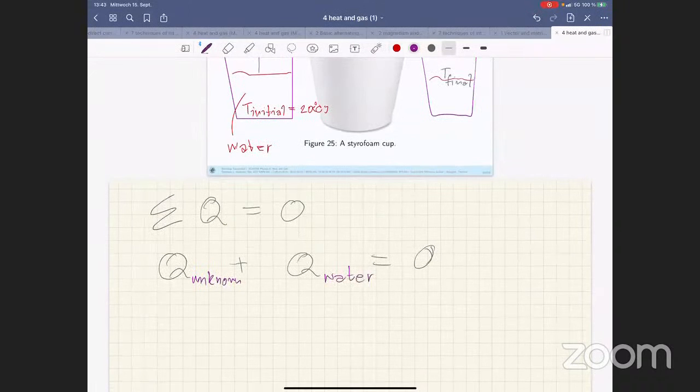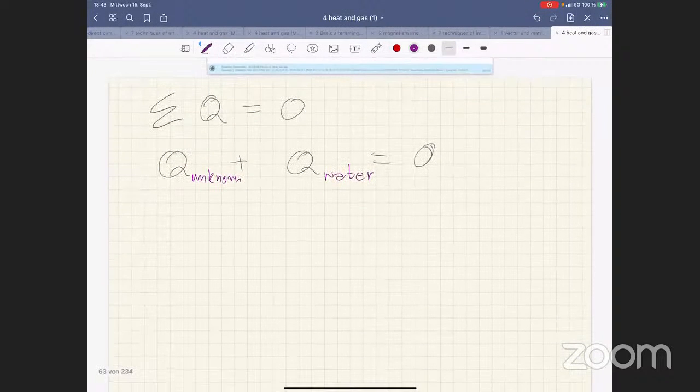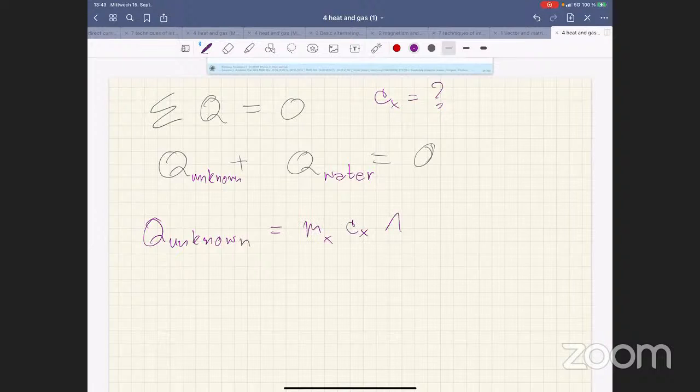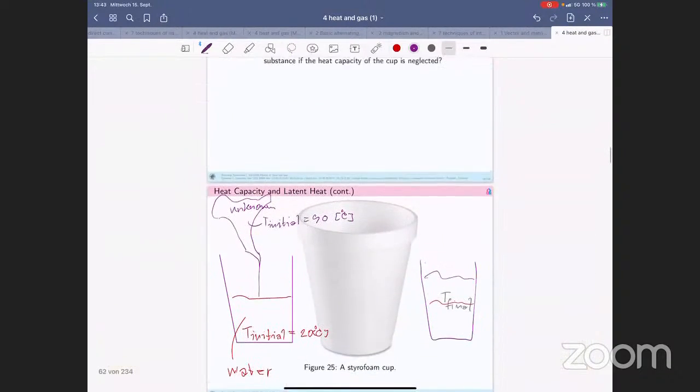Q unknown is for the unknown material, and we would like to know C of unknown, which is say Cx. Q unknown is Mx and Cx and delta T x, right? And what about Mx? Mx is the mass of the unknown substance.